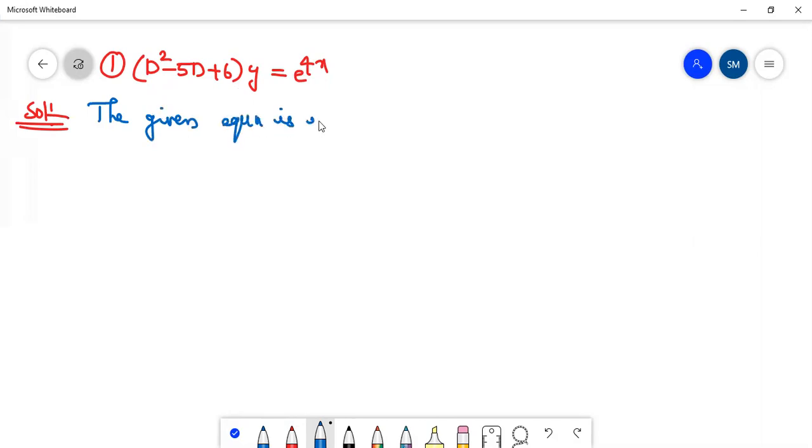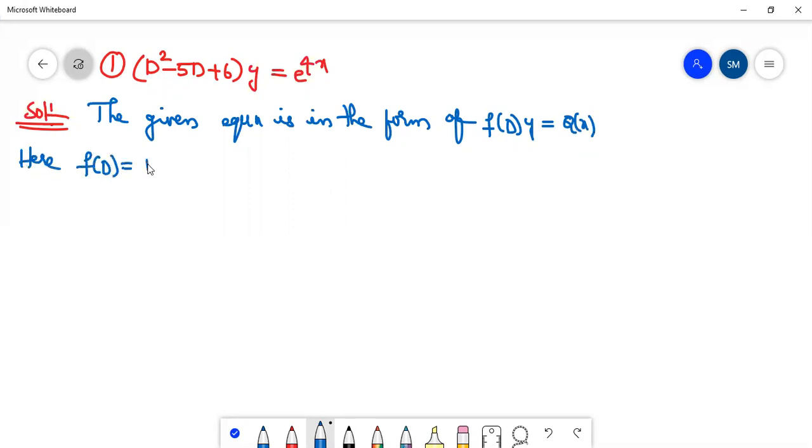The equation is in the form of f of d into y is equal to q of x, where f of d is equal to d square minus 5d plus 6 and q of x is equal to e power 4x.